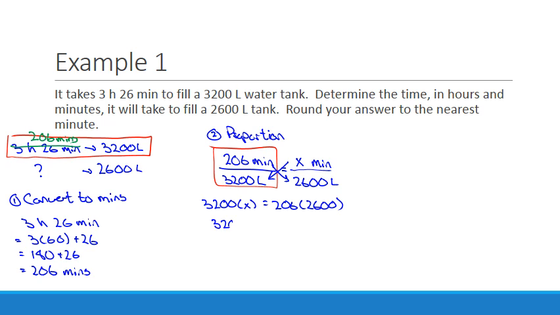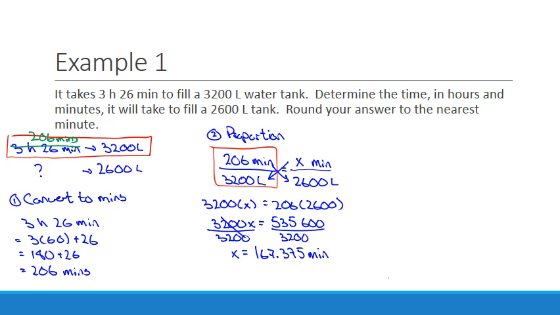So 3,200x equals 535,600. And then I want the x, so I'm going to divide by 3,200. Again, I'm using my calculator to find these values, so you can do that yourself as well. And I get 167.375 minutes.